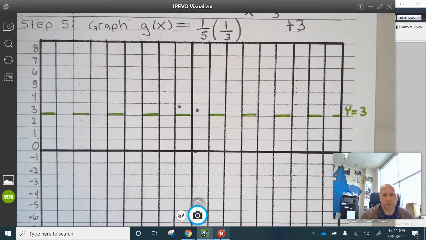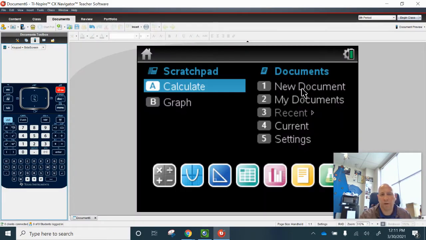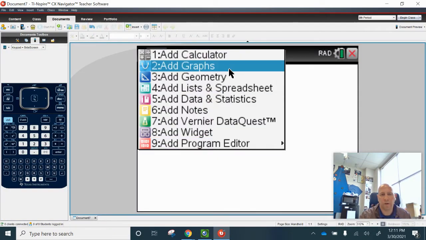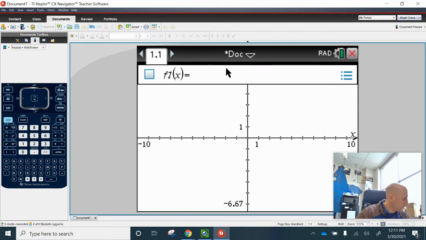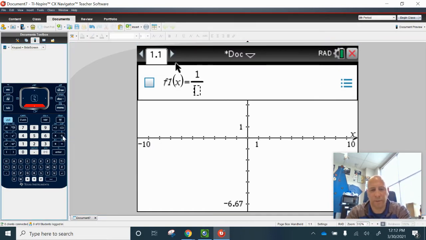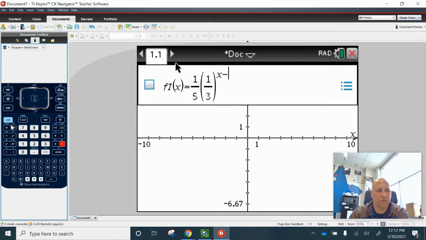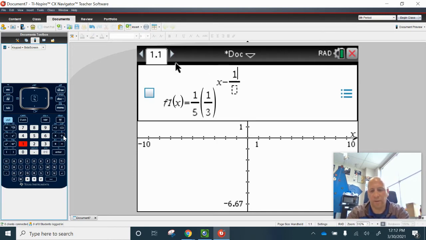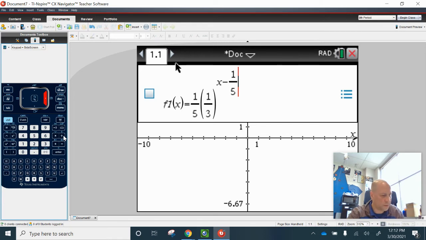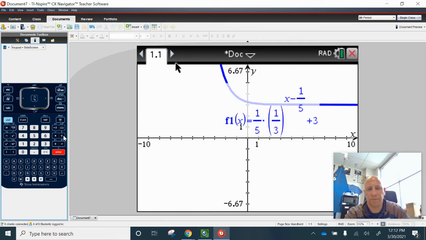All right. So now let's graph this in our calculator. So on new document, add graph. So then that's Control Divide, 1 divided by 5. Click to the right. Parentheses, Control Divide, 1 divided by 3. Click to the right. And then x minus Control Divide, 1 divided by 5. Click to the right once, twice, plus 3.